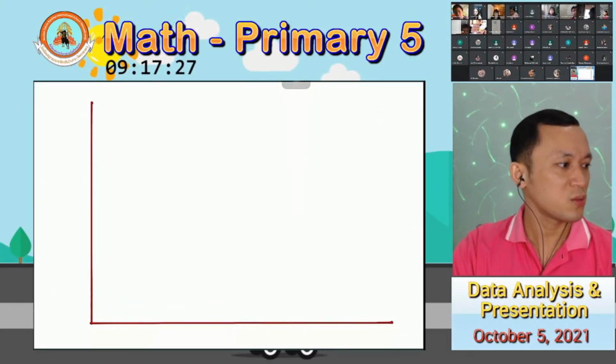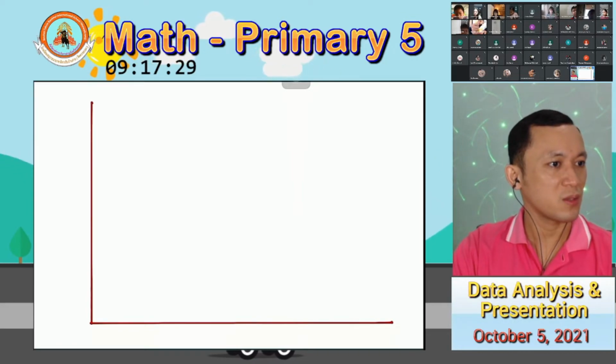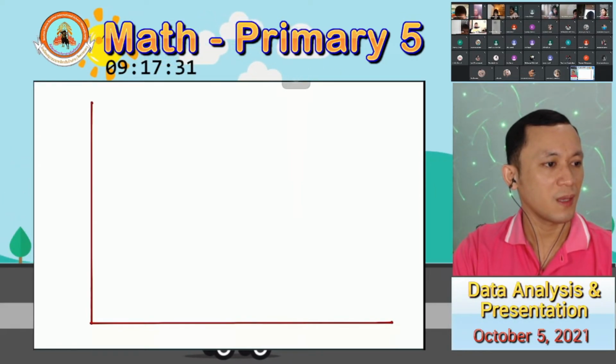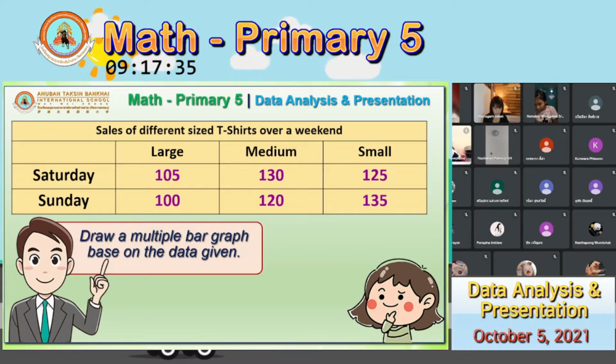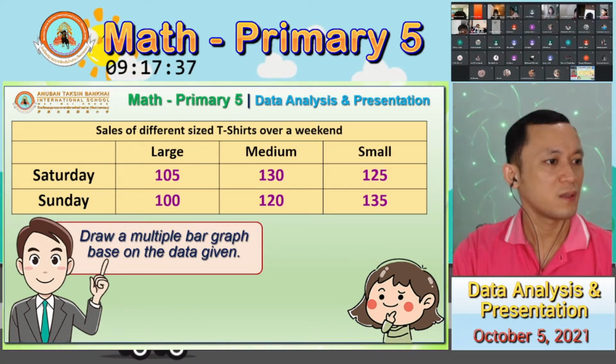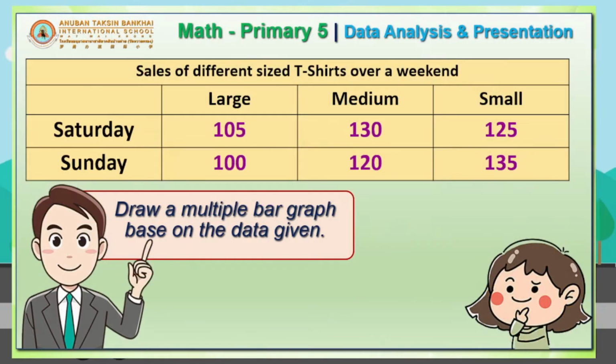So let's go back to our data first. We have 105. We have 100.